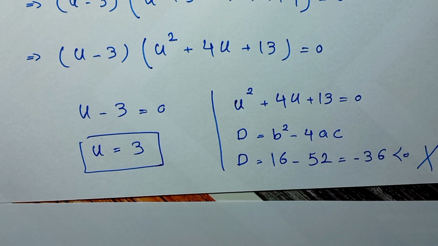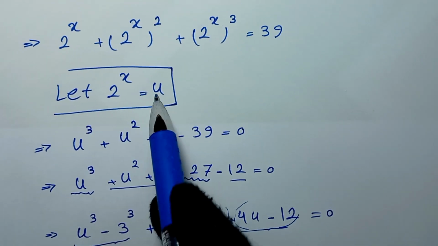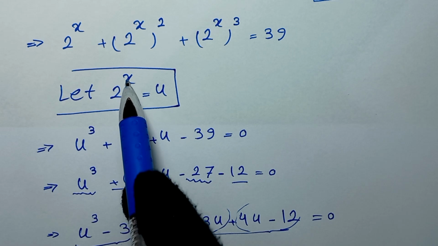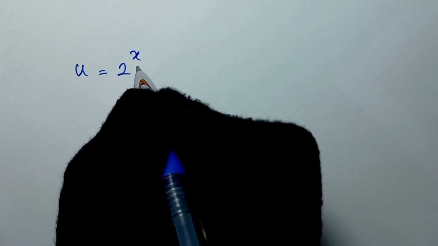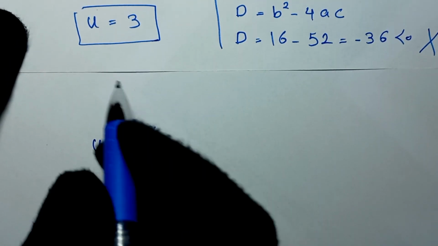In next step, we recall this u is equal to 2 to the power of x. So in here, u is equal to 2 to the power of x, and from here u is equal to 3.